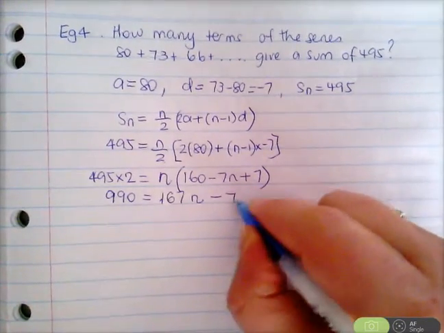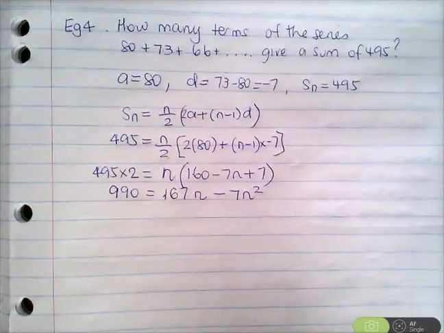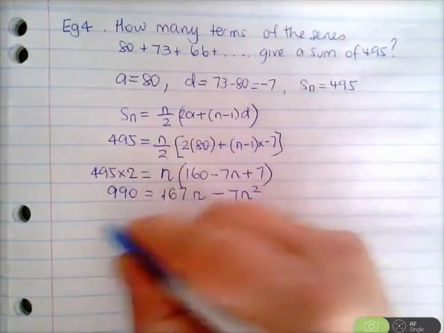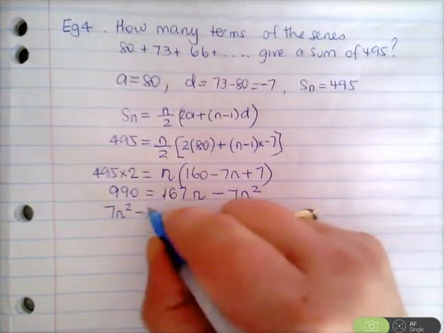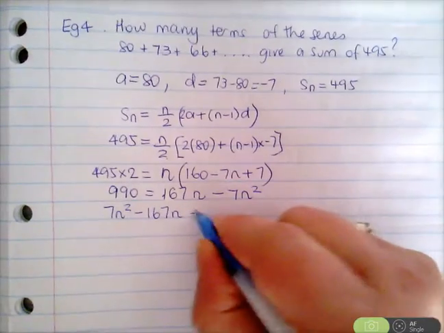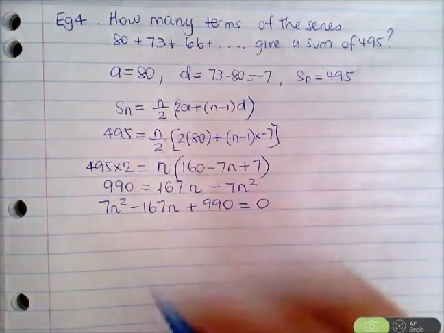minus 7n squared. So it looks like we formed a quadratic equation here. Taking this all over to the left to make the n squared term positive, we've got 7n squared minus 167n plus 990 equals 0. And we're going to use the quadratic formula.